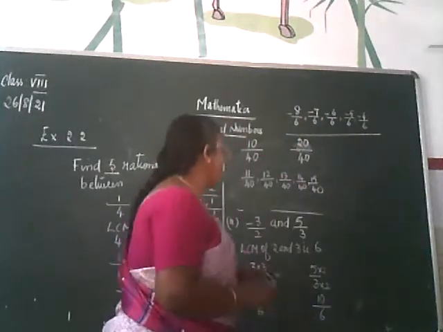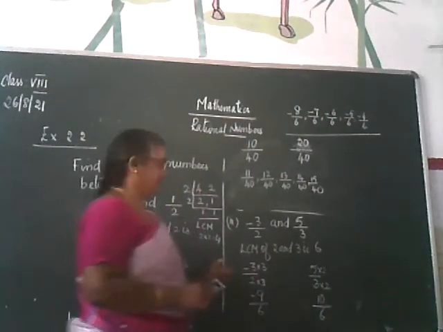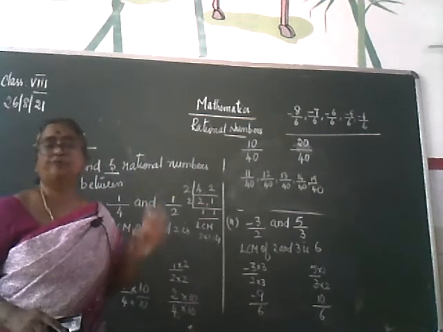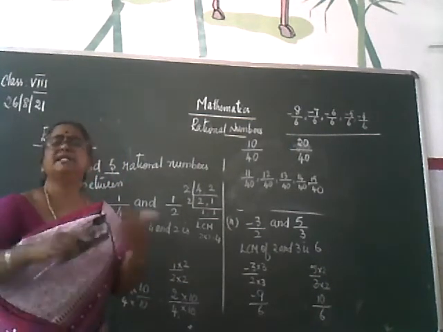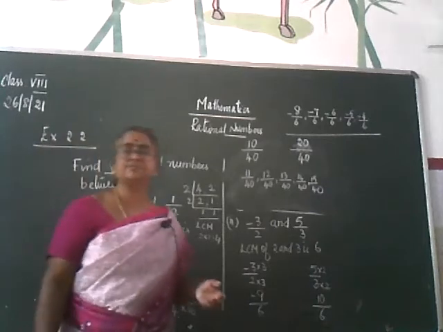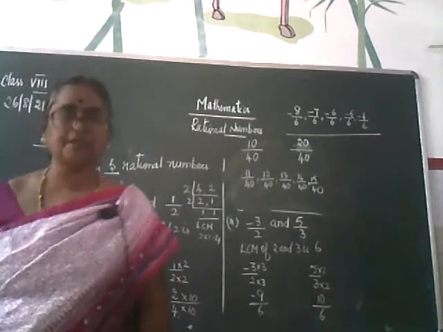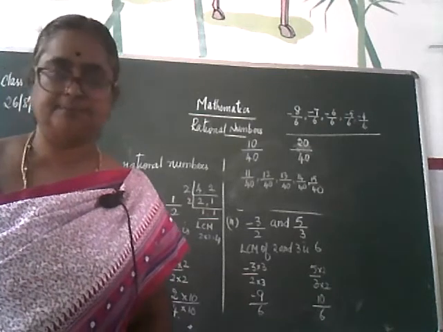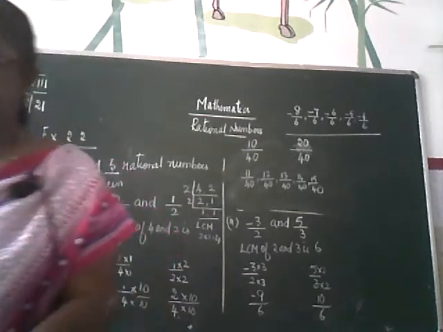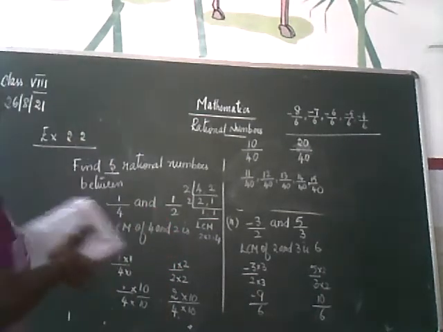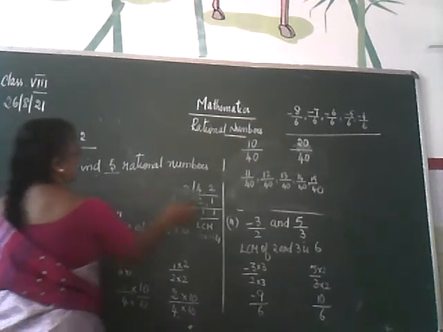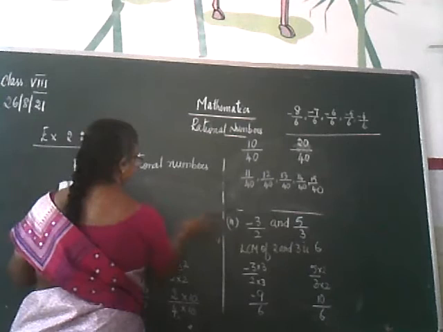So, if you won't get 5 rational numbers in between, multiply both numerator as well as the denominator by the same number to get more number of rational numbers. Okay? Write 5 rational numbers. Next one.